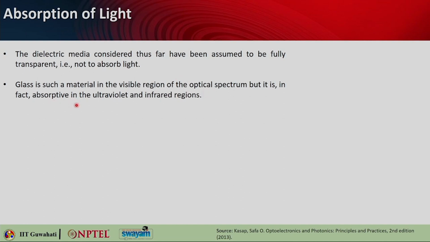However, it is absorptive in the ultraviolet and infrared range. So the absorption property of any material is basically wavelength dependent. So at a particular range it may be completely transparent, but at certain other wavelength range it may absorb that light.